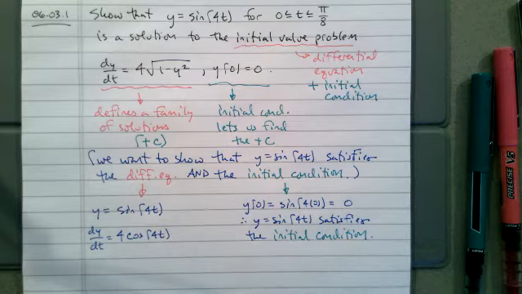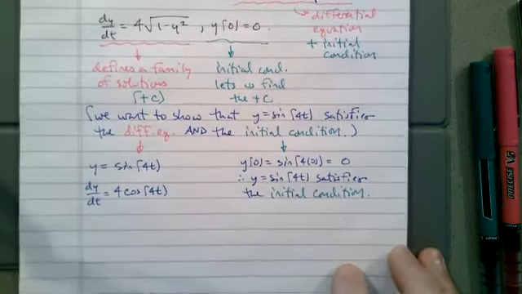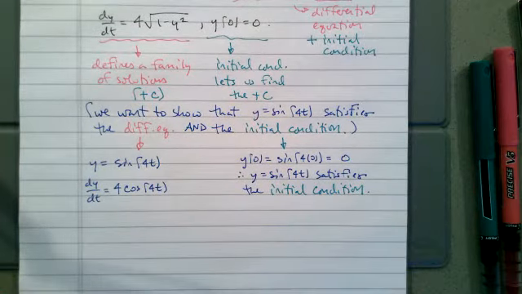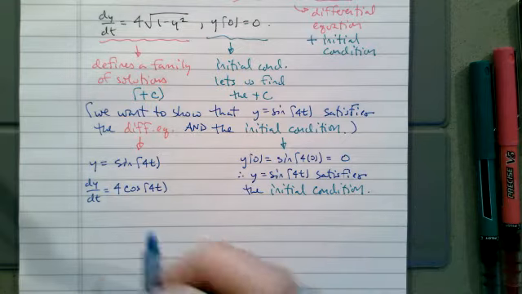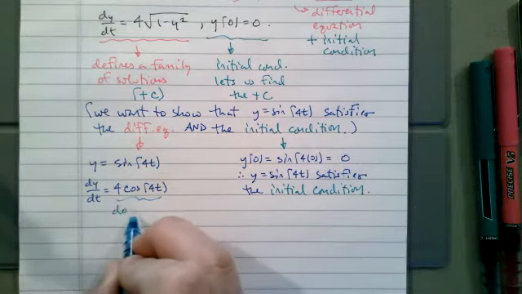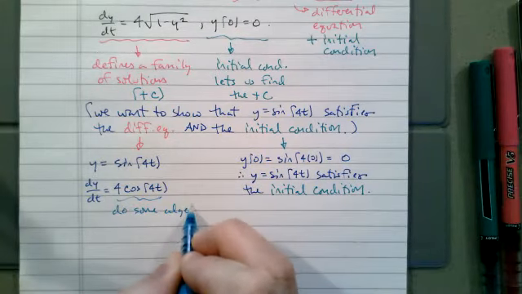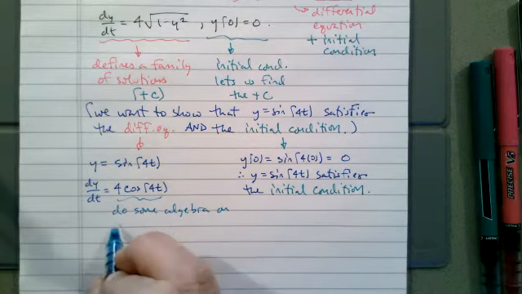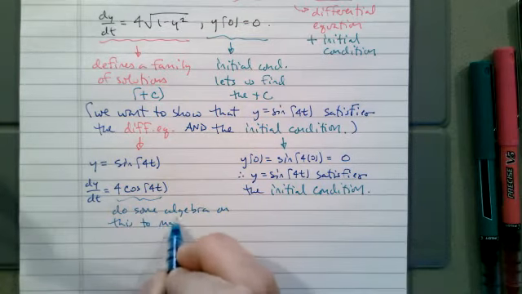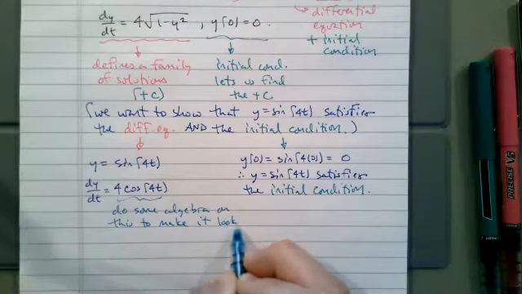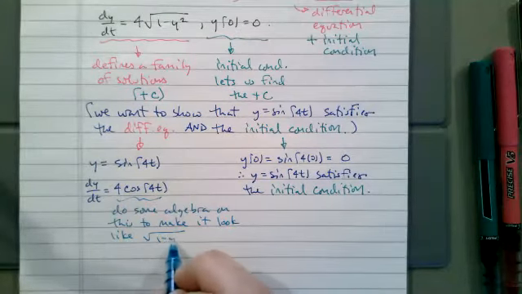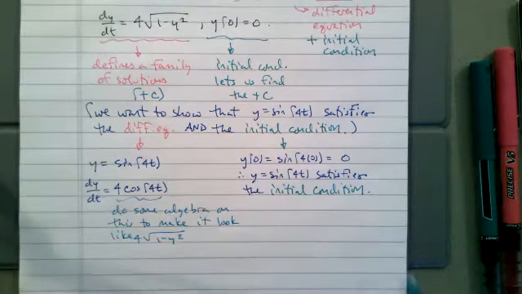So if we look at what we have, 4 square roots of 1 minus y squared, we're going to use trig identities to make 4 cosine of 4t look like 4 times the square root of 1 minus y squared. That's going to be our plan.